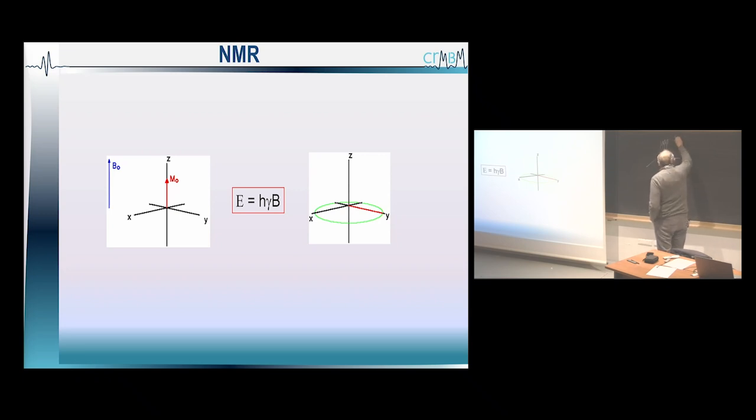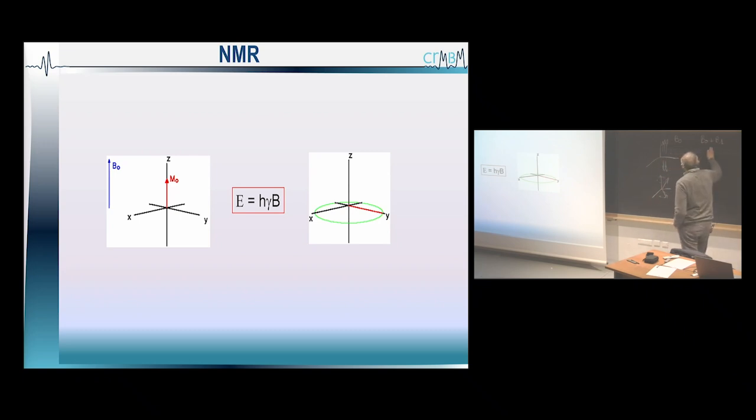So this is with B0, which is the static magnetic field, plus the B1, which is this one. I told you that this is an oscillating magnetic field with a given frequency, which is equal to the frequency of precession of this spin in here, because the situation is not static. You need to imagine that the spins are going around like this, okay?